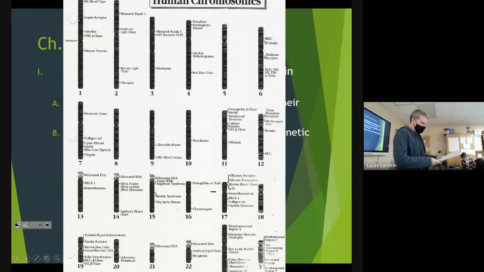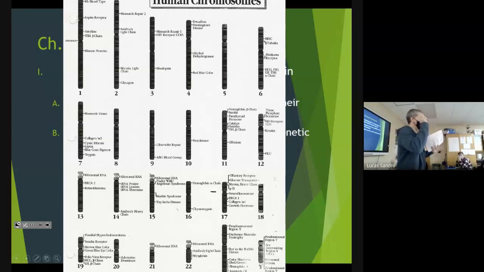Let's see. You're looking for rods and cones here. Where's it at? There's a blue cone somewhere. Seven. Yeah, blue cone pigment is one of the things in your eye that helps you see blue, right?